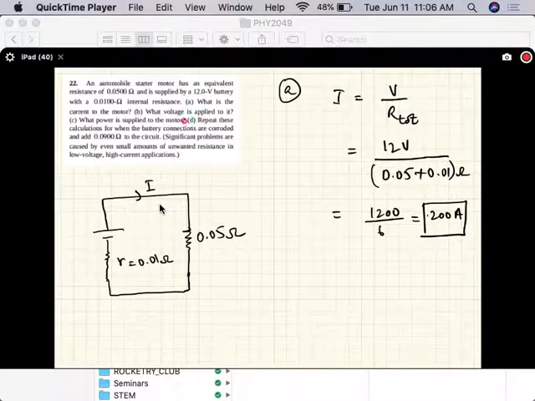All right, what voltage is applied to it? Now what they're saying is, so this is your starter motor. What is the voltage that the starter motor is seeing? The voltage that the starter motor is seeing is the voltage at this location, because the current is flowing, and that is known as the terminal voltage.